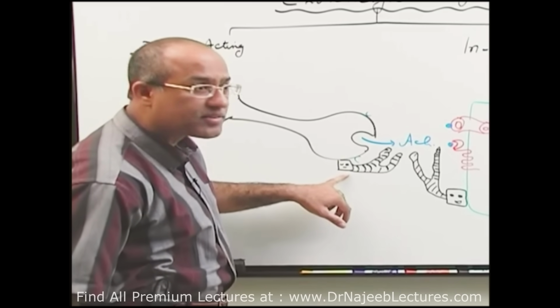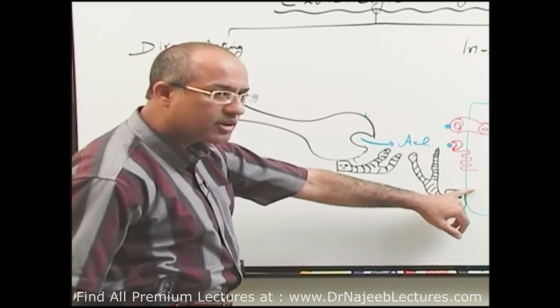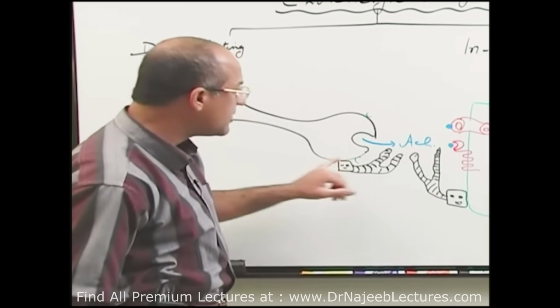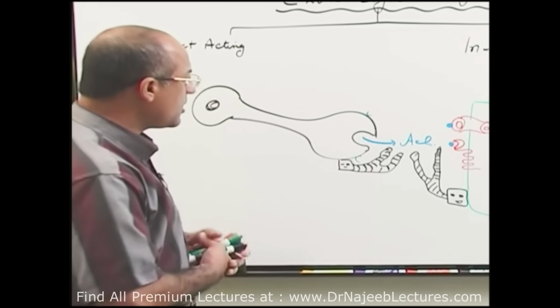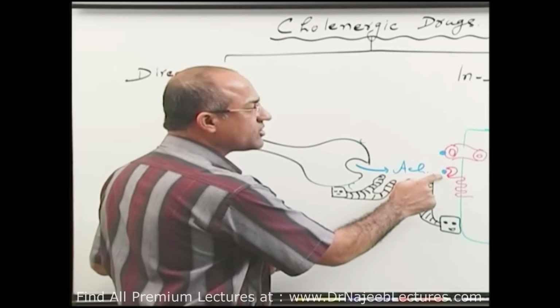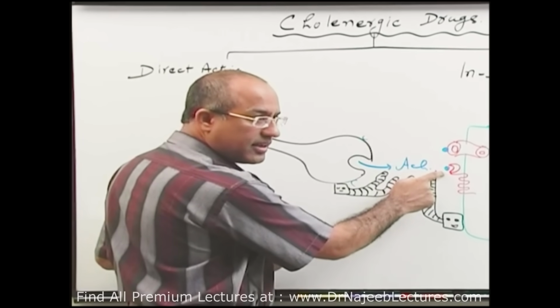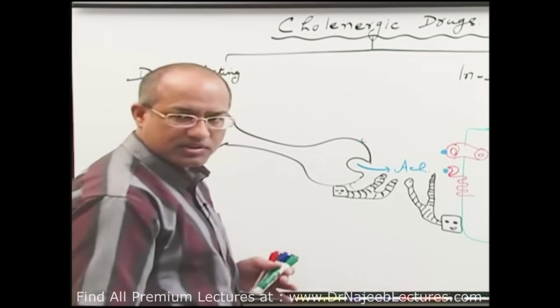Acetylcholinesterase enzymes are present in very high concentration in association with post-junctional membrane and pre-junctional membrane. Is that right? Now, as you know, as soon as acetylcholine starts its action, very rapidly it is destroyed by acetylcholinesterase enzymes.